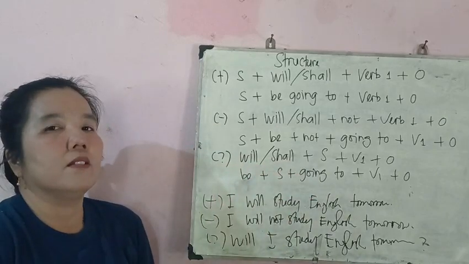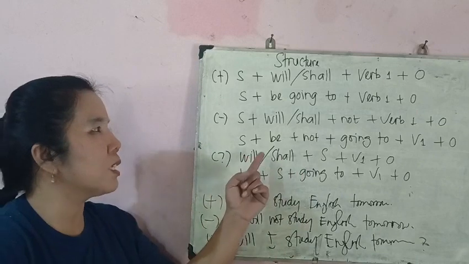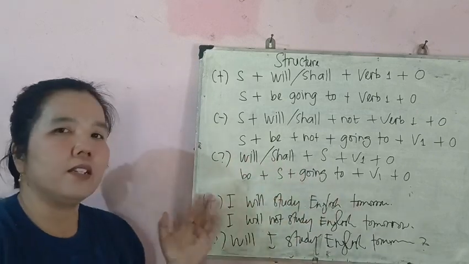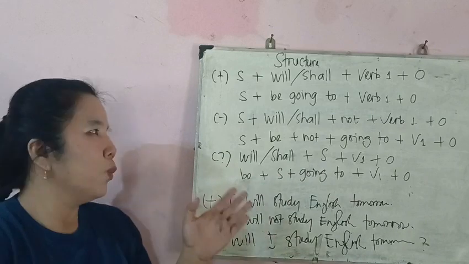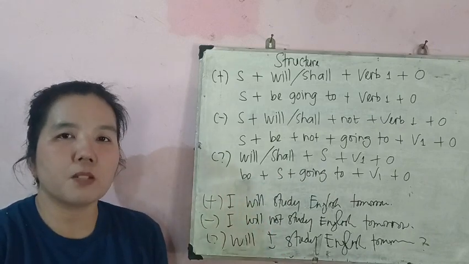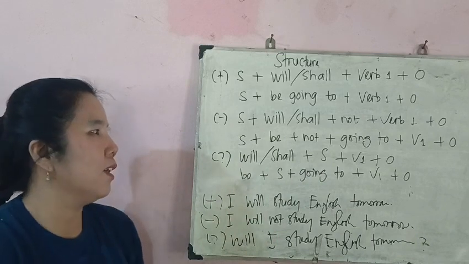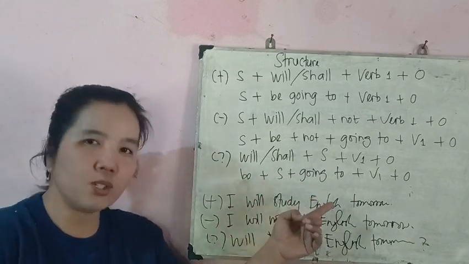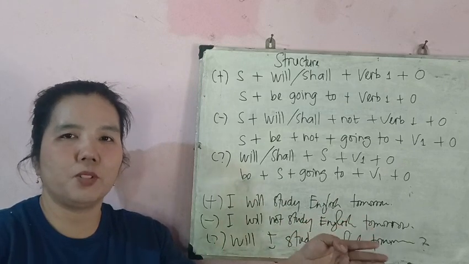And then we can use subject plus be plus not going to verb 1 and object. In question sentences we use will or shall in front of the sentence plus subject plus verb 1 plus object. And be plus subject plus going to plus verb 1 plus object.